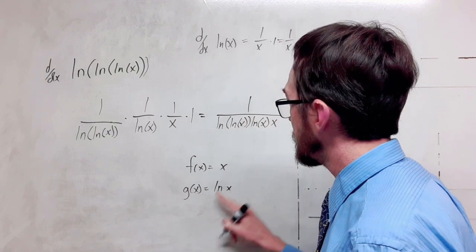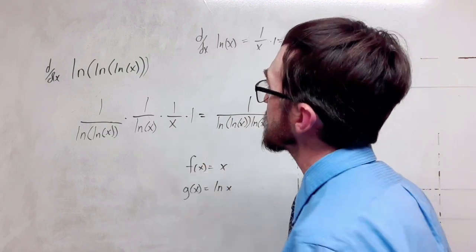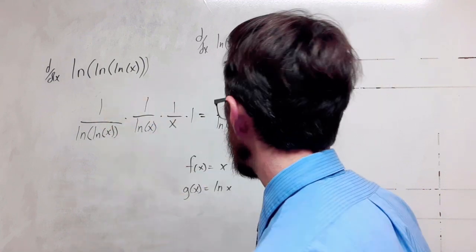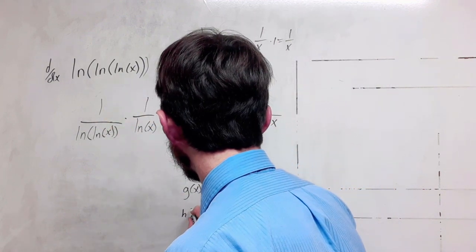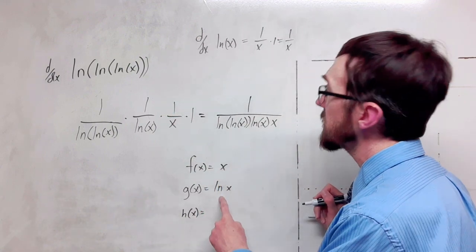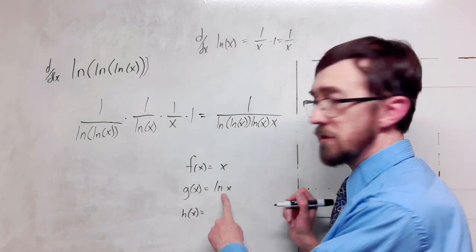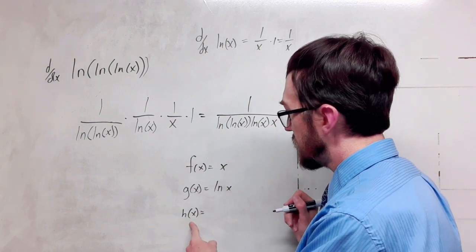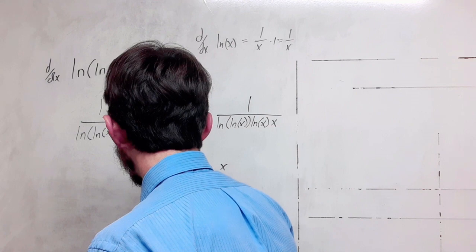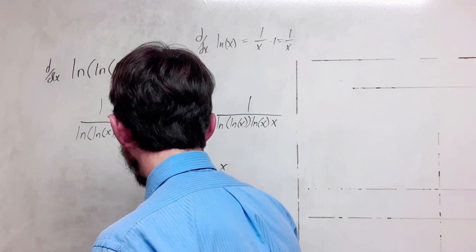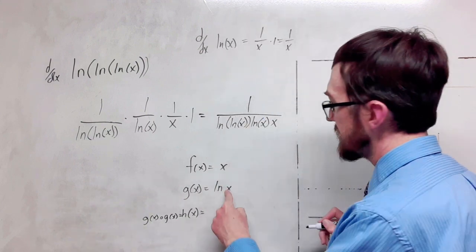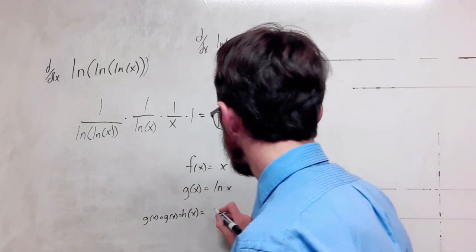We take the derivative of that, we get 1 over x, that's this one here. Then we have this function, which has this inside of it. It's essentially this function with this function placed inside of it. So h of x could be g of x composed with g of x. I'm going to take this and put this inside of it.